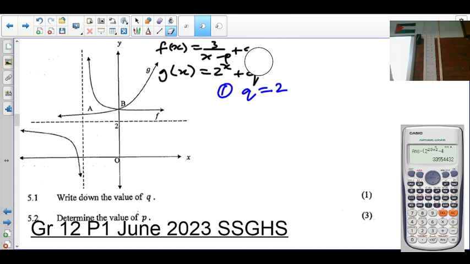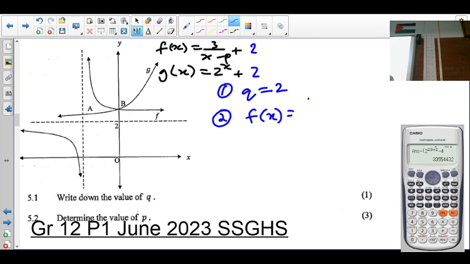So I can replace both with 2. Then we are told, determine the value of p. So now we've got f of x is equal to 3 over x minus p plus 2. Now to calculate p, I need one point that's lying on this graph. There's no point that's lying on this graph that is given to us. However, we know it's going through B.